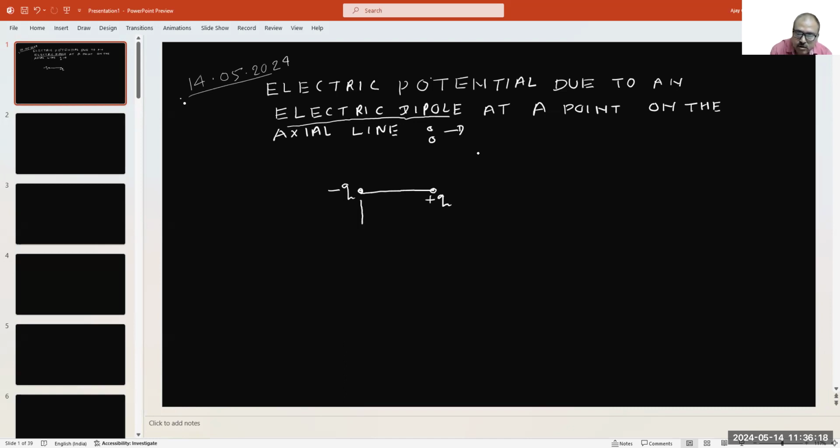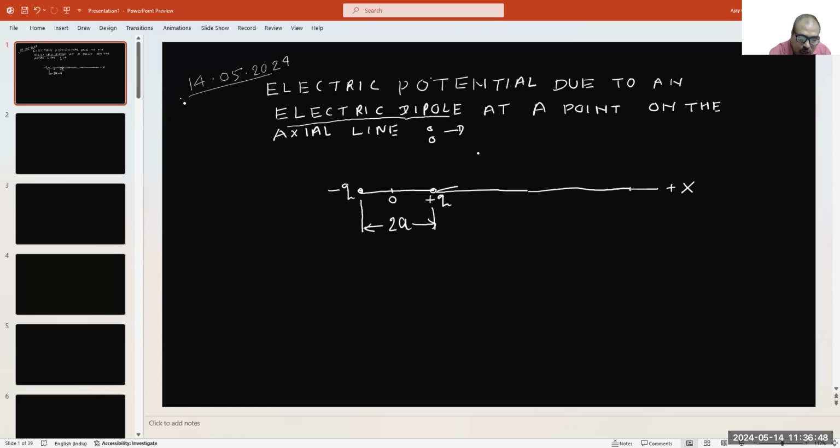Suppose the length of the dipole is 2a. If 2a is the length, make a midpoint here and draw an axial line in the direction of the positive x-axis.